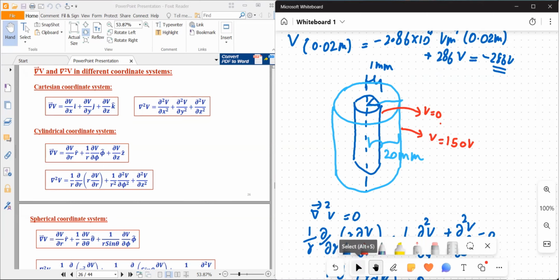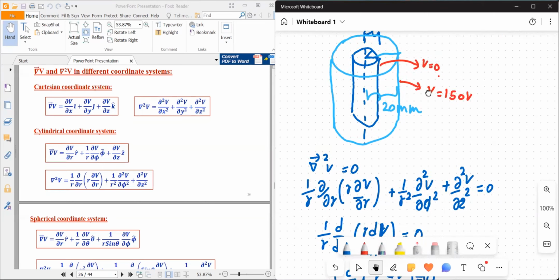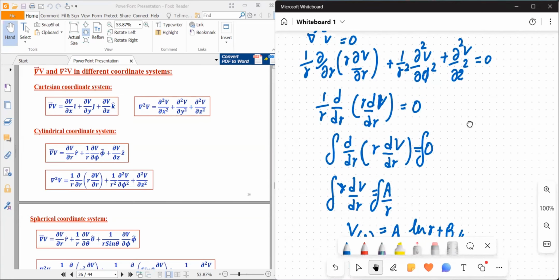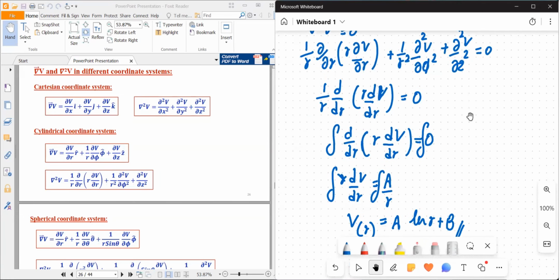So we can apply those two boundary conditions to determine what A and B are. Try that one and let me know the answers for A and B. Apply boundary conditions and calculate A and B.